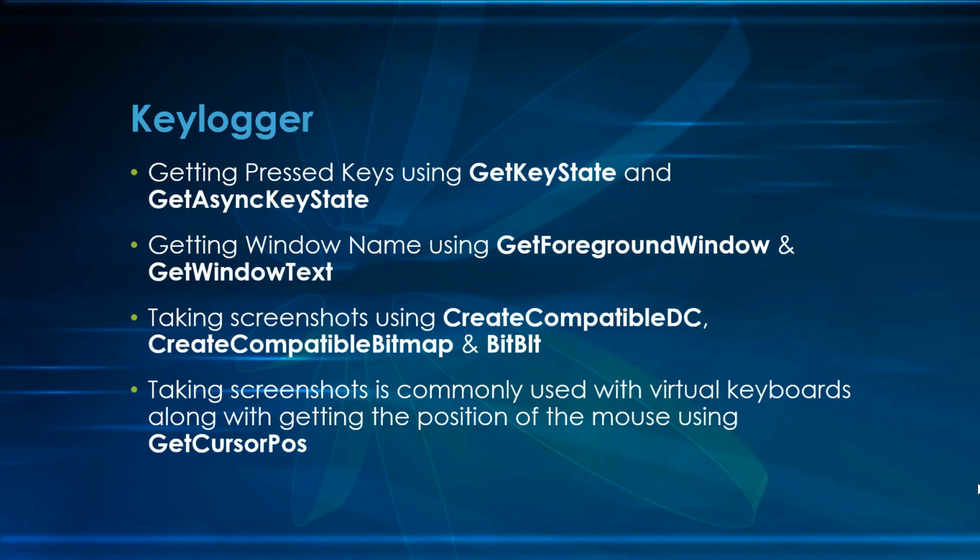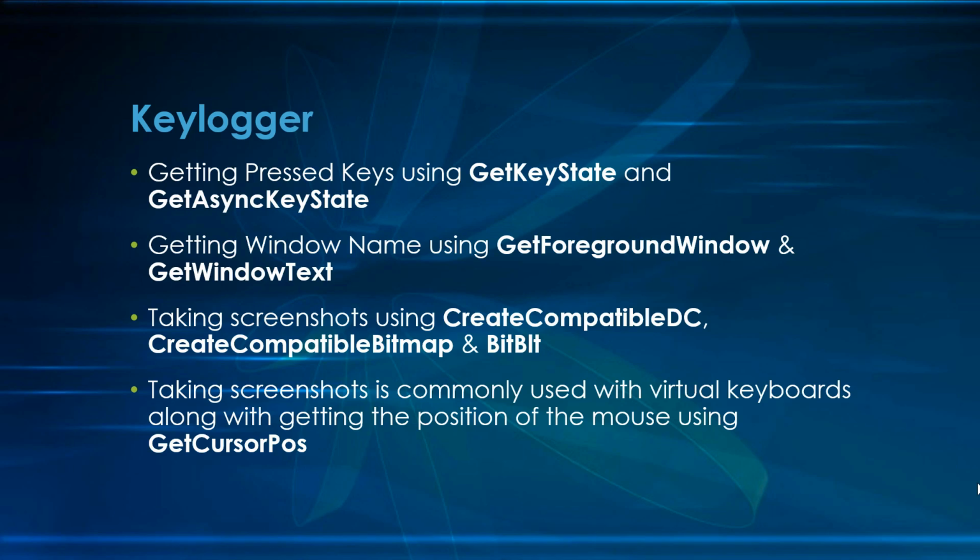Also, they use the GetCursorPos command to know exactly where the mouse is, so they can paint a complete picture of exactly which keys the victim used to write his password. Virtual keyboards are not as common anymore, but things like KeePass or LastPass or any password vault are more common now.